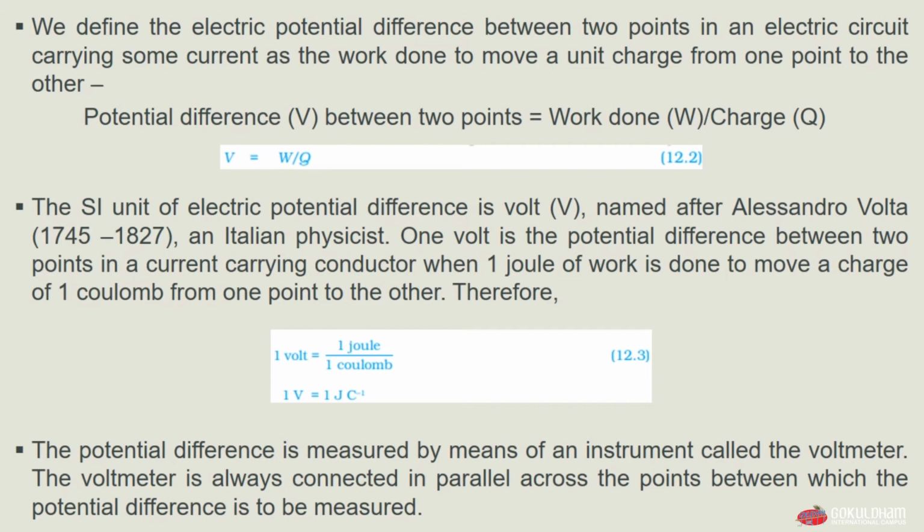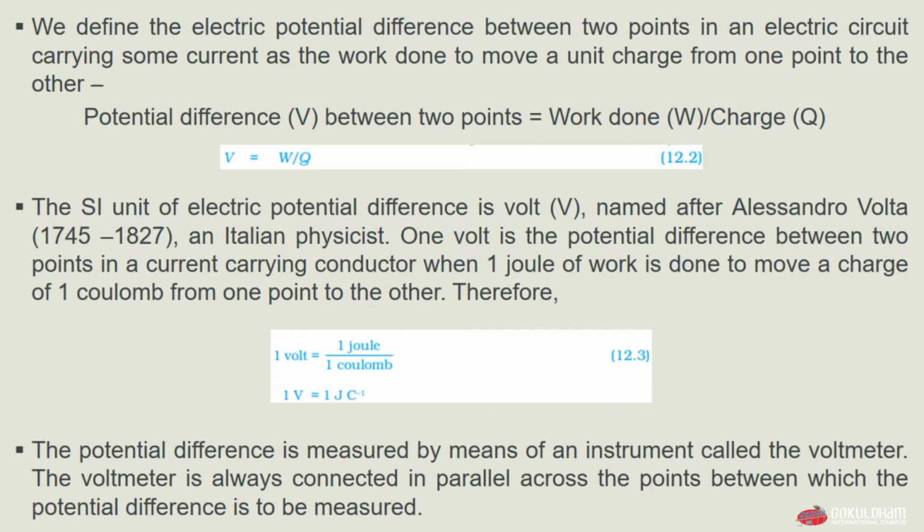Means 1 volt is equal to 1 joule divided by 1 coulomb, which is our equation 12.3. We can also say 1 V is equal to 1 J into C raised to minus 1.